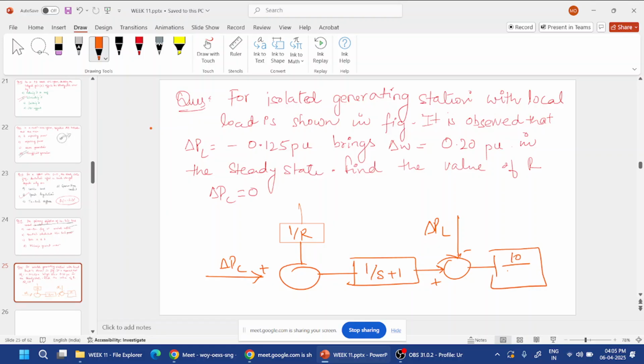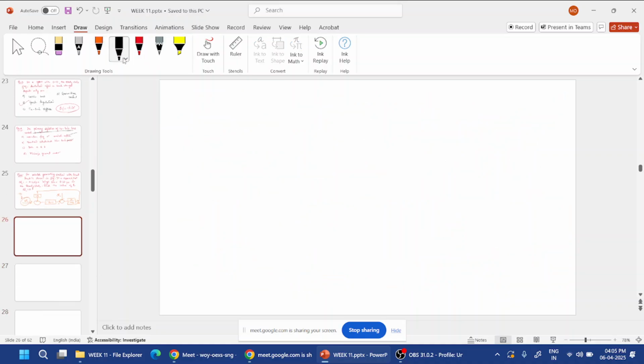The block function here is 1 by S, and it goes toward W, connected like this. This is del W. So basically, we have to find this. First of all, we should assume this is equal to 0. So how do we solve it? Solution.